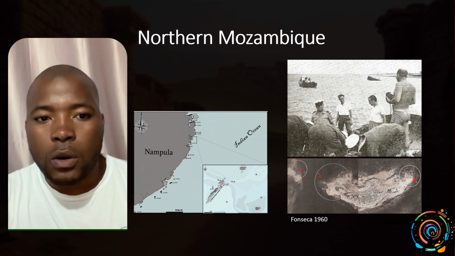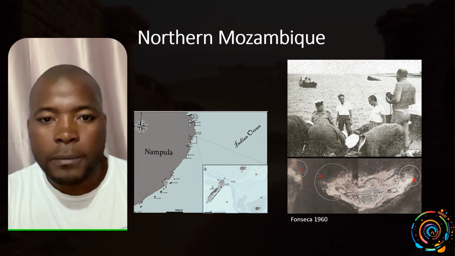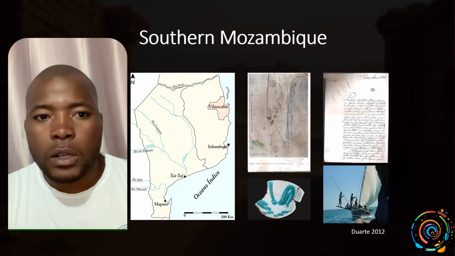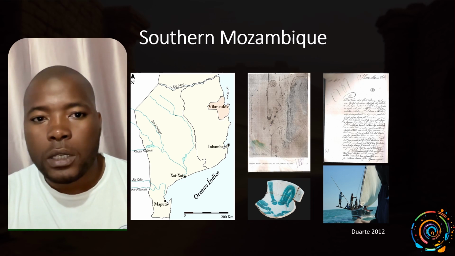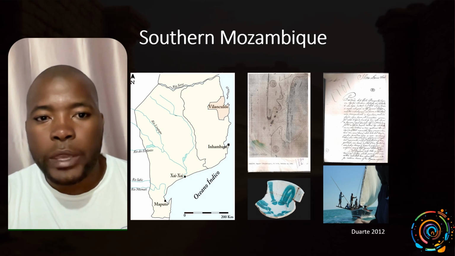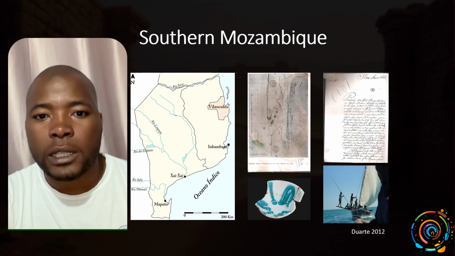If you look at the whole coast of Nampula province, there are also areas where a number of shipwrecks have been located. In the southern part of Mozambique, although we haven't found shipwrecks along the Inhambane coast, we have at Vilanculo a place called Shibueni, which is one of the ancient harbors, one of the ancient ports that we have records of in Mozambique.